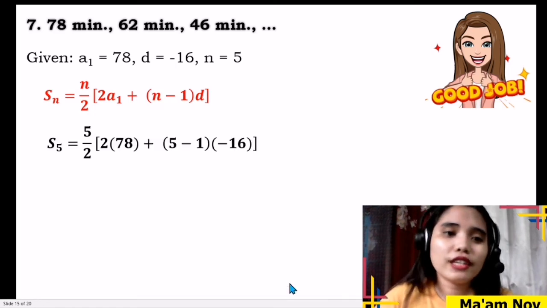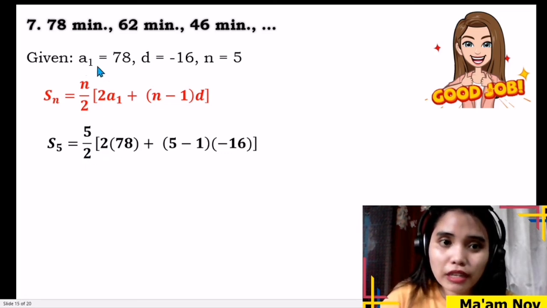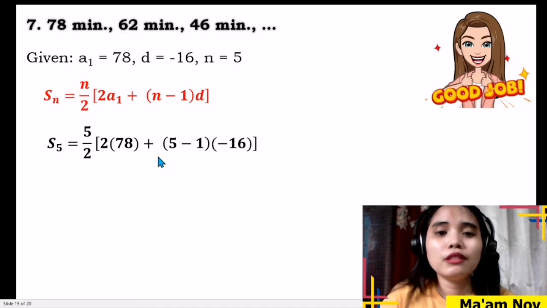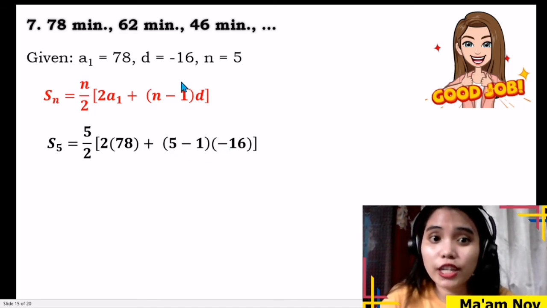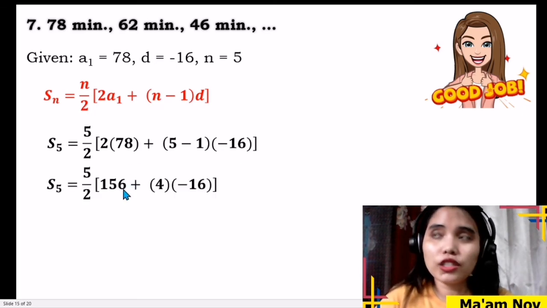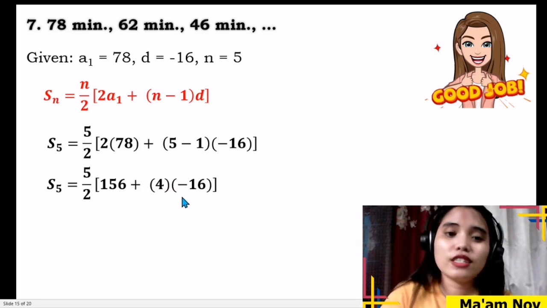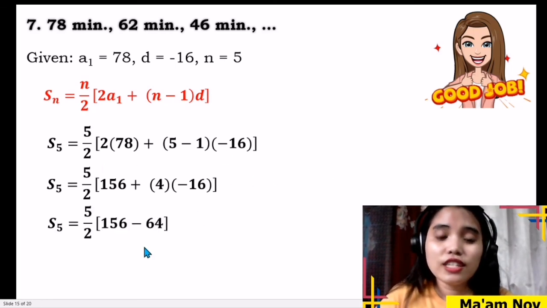So we have S of 5 equals 5 over 2 times 2 times our first term, which is 78, plus 5 minus 1 times our common difference, which is negative 16. So 2 times 78 is 156. Plus 5 minus 1 is 4, times negative 16. 4 times negative 16 is negative 64.